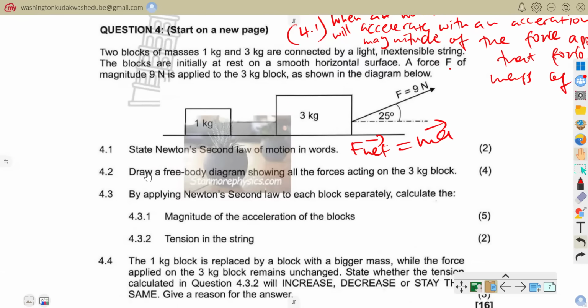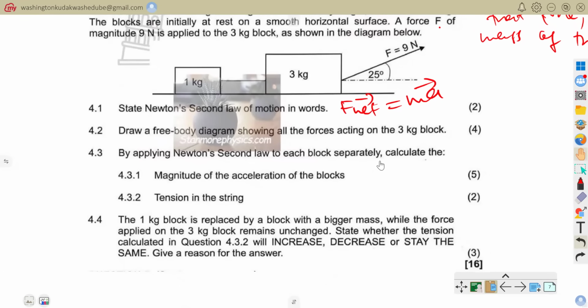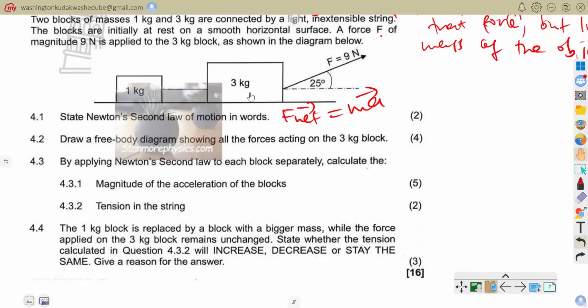Now they're saying draw a free body diagram showing all the forces acting on the 3 kg block. So we now want the free body diagram of the forces acting on the 3 kg block. What are the forces that are acting here?